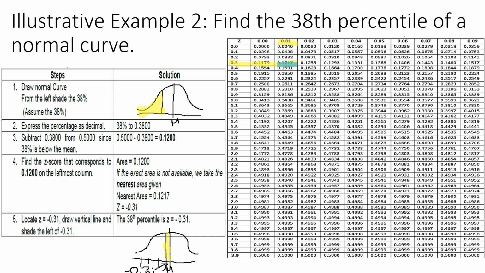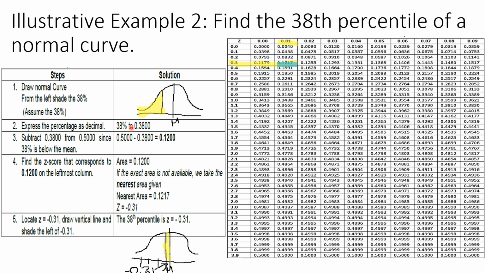So, as summary, we will subtract 0.5 to the area if the area is lower than 0.5, syempre, and we subtract the area to 0.5 if the area is higher than 0.5. Ganun lang siya.